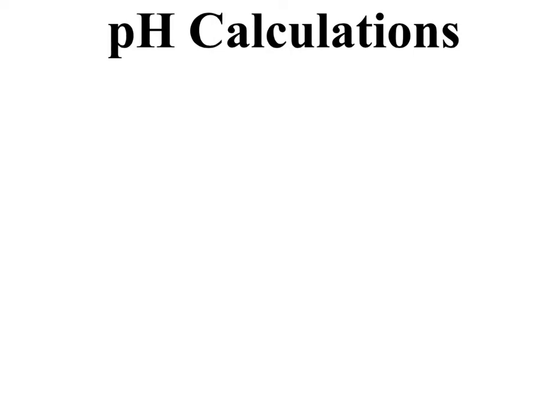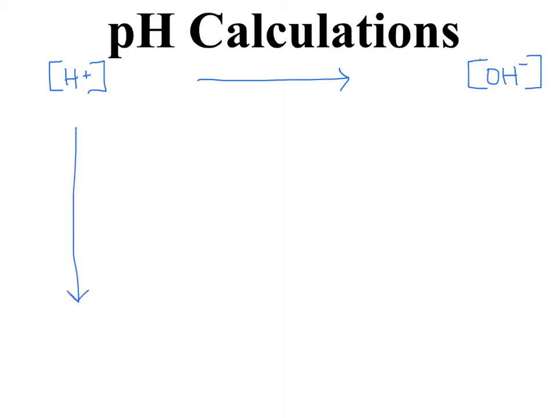Up at the very top of your page, go ahead and write hydrogen ion concentration. If they give me a hydrogen ion concentration, I can do two things with that. I can get the hydroxide concentration from that number, or I can get the pH from that number. Let me show you how to do that.